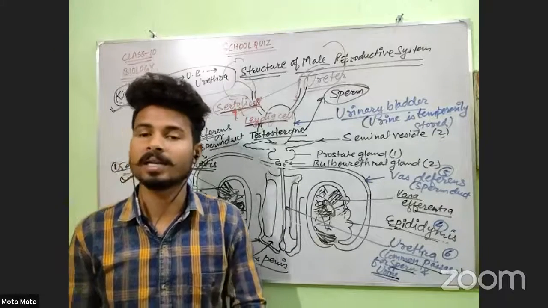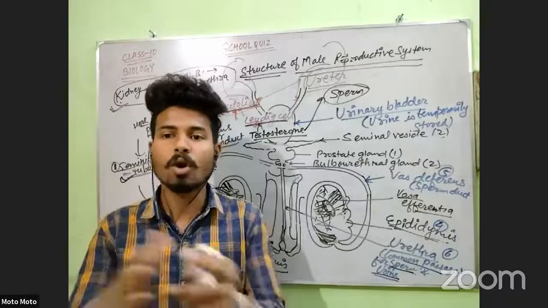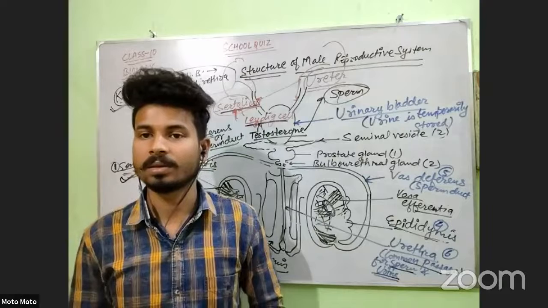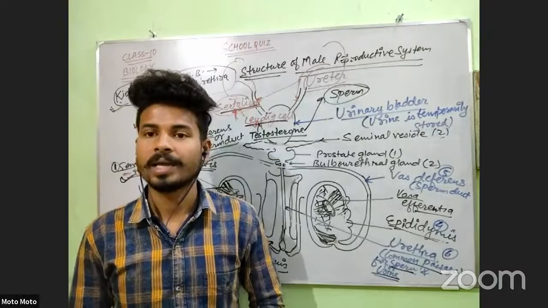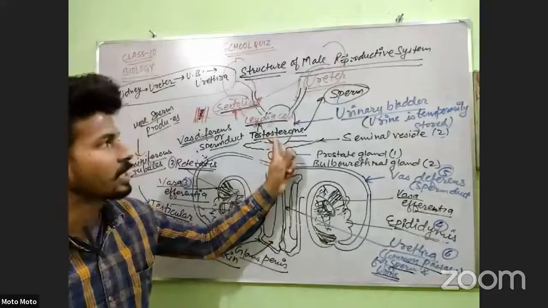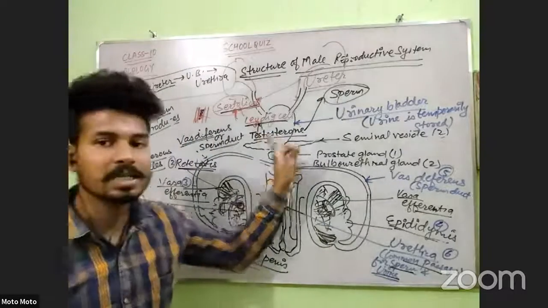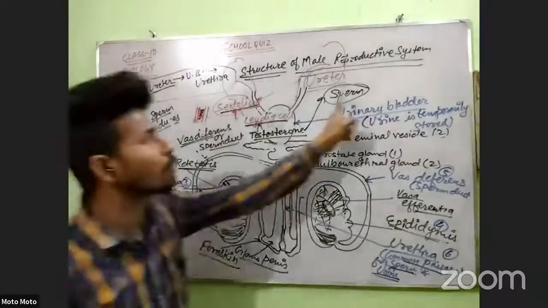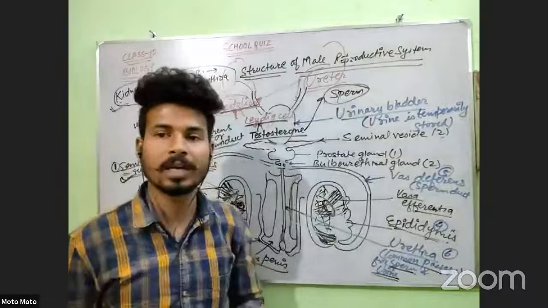I think I have made a question wrong. Which hormone stimulates the production of sperm? Anyone? So the germ cells. No. For production of sperm, I have written testosterone. Testosterone is the hormone which stimulates the seminiferous tubule to produce sperm. Got it?